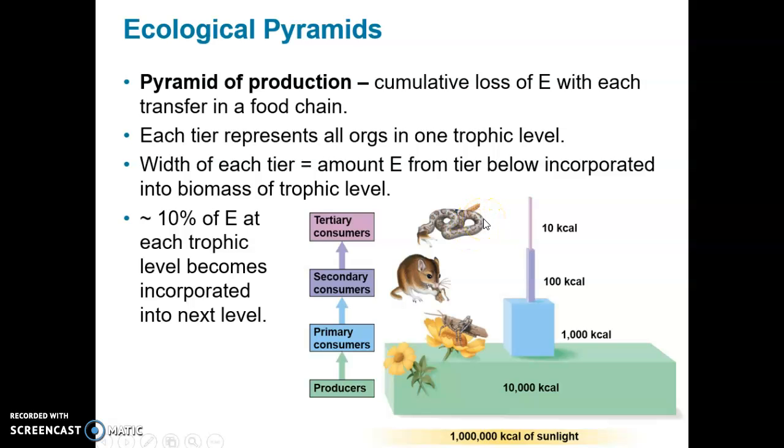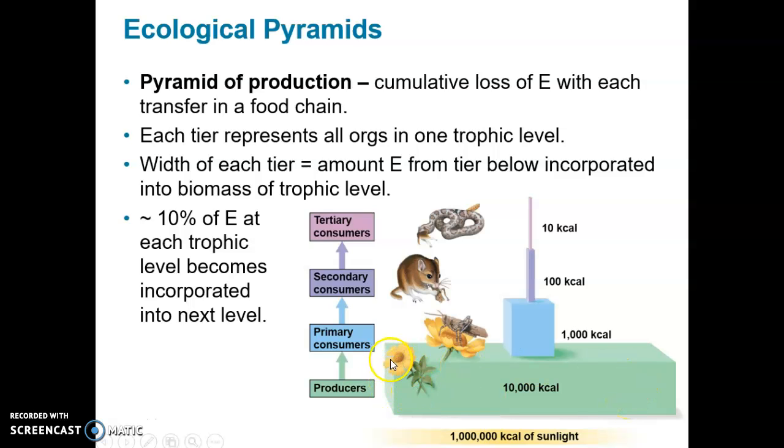Another way of thinking about this is a certain amount of organism, in this case a secondary consumer or primary carnivore, can only support a certain amount of tertiary consumer or secondary carnivore. So the top predators are relatively few in number relative to the things they eat, and then the things that those guys eat.